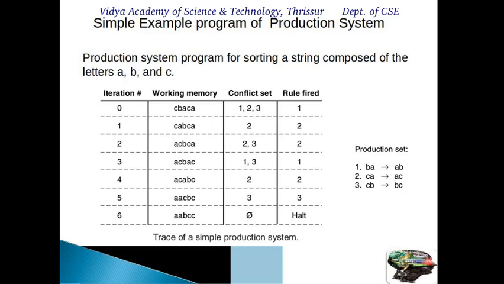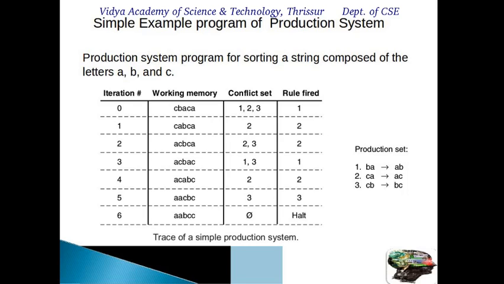This process will keep on repeating. Suppose rule 1 is fired, it means BA is converted to AB, just one instance.